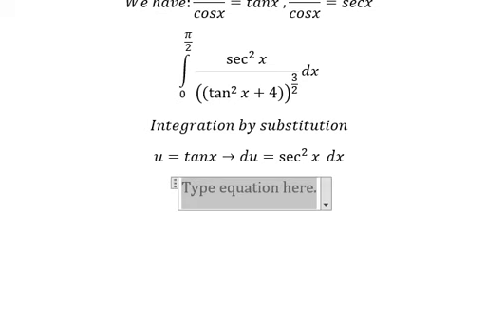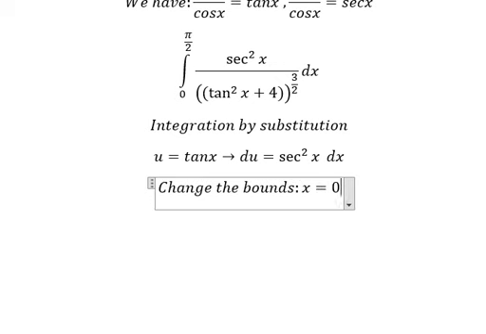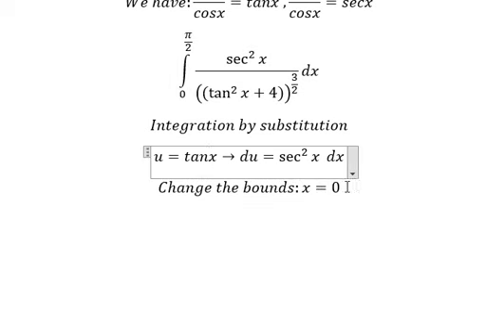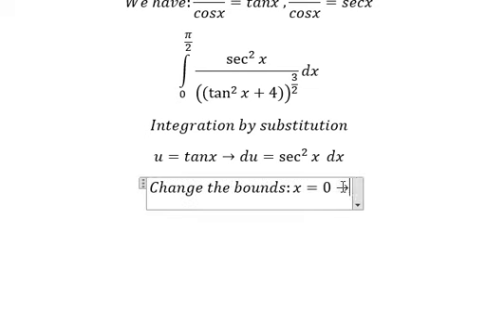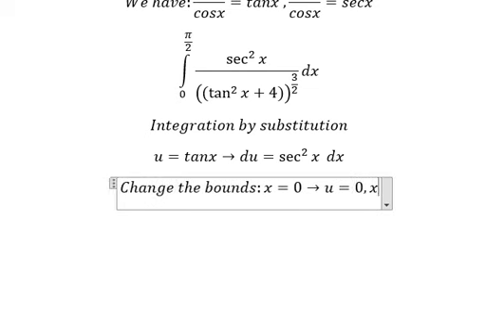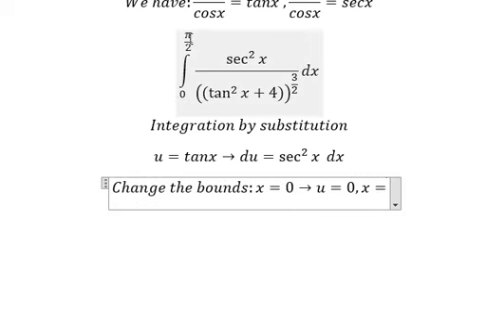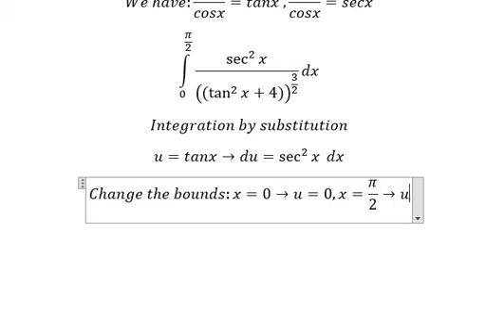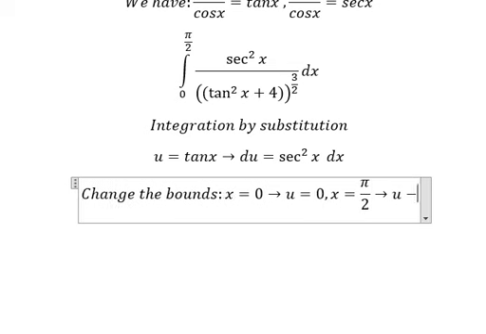Next, we need to change the bounds. When x equals 0, so we put 0 in here, and then we have u equals 0. When x equals pi over 2, so we put pi over 2 in here, we have u going to positive infinity.